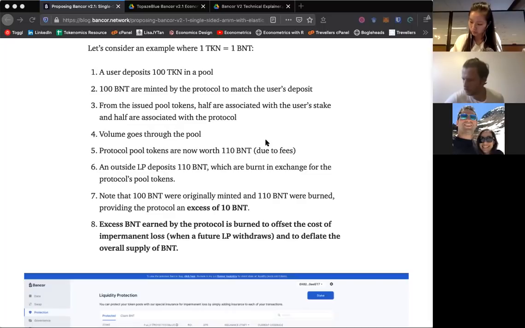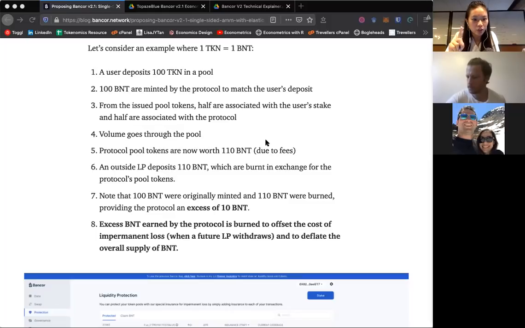There's a good side and a bad side, but the good side is it's always matching the market price. There's no opportunity left behind, and AMMs are really good in that sense. So we wanted to use the pool as an oracle for the minting of BNT, but there is a risk with that. The risk is that it's abusive.